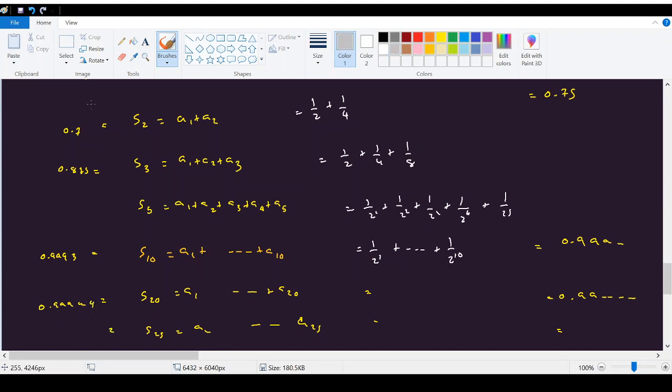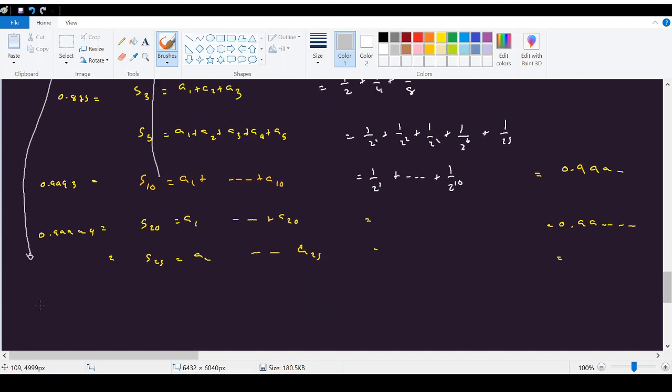So you can see these partial sums converge to a certain value, and in this case it is 1.